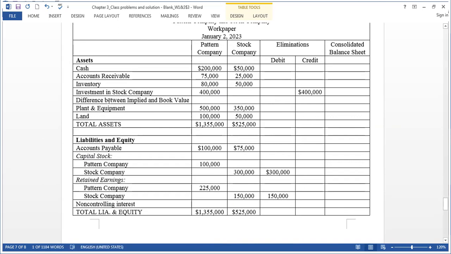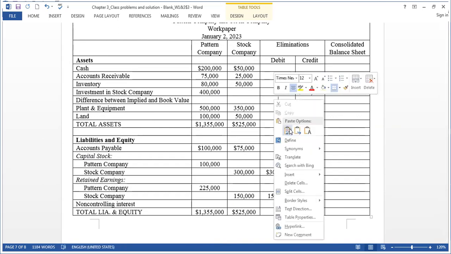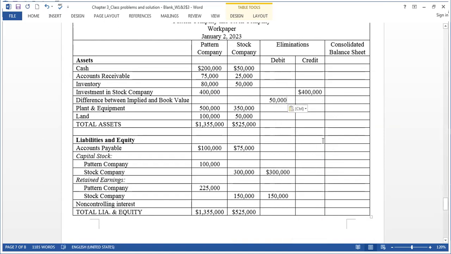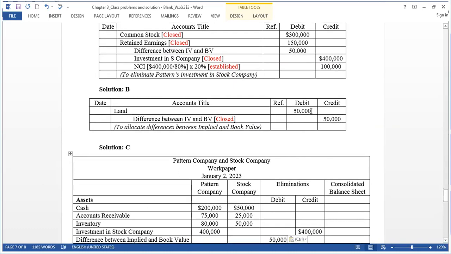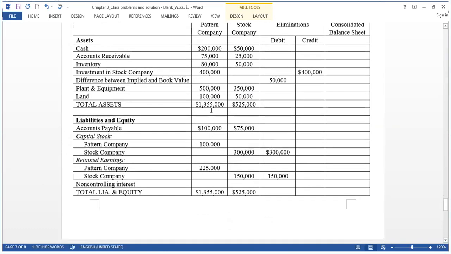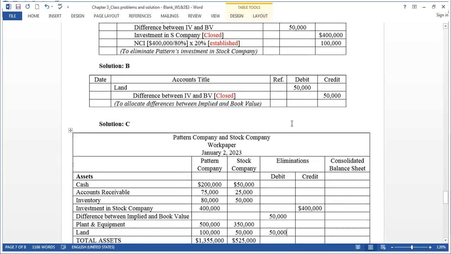What is the difference? This is the difference. We write debit. Then we have land debit. We copy this 57. This is the land. Land debit, right?